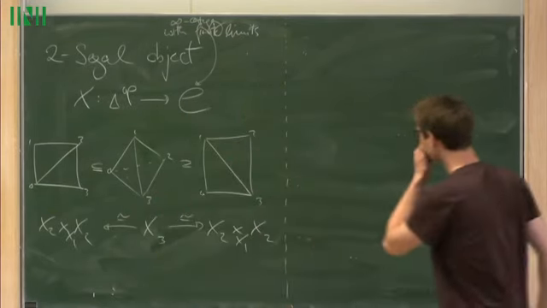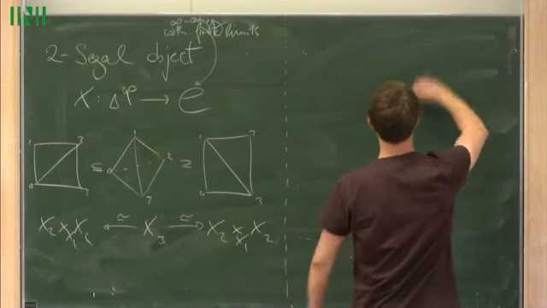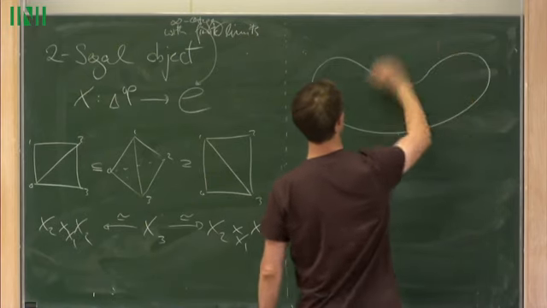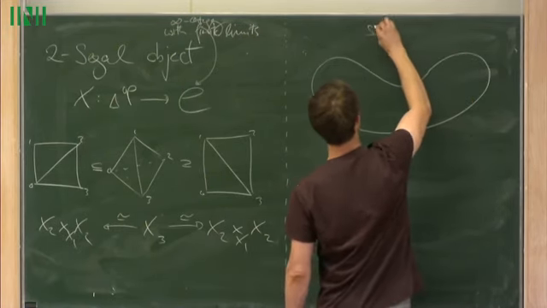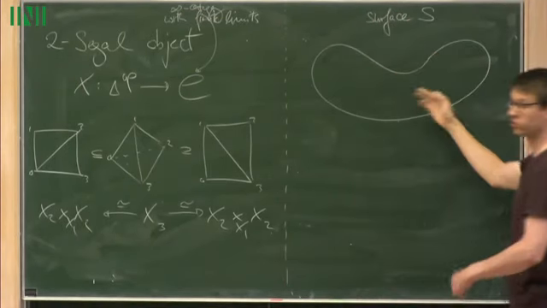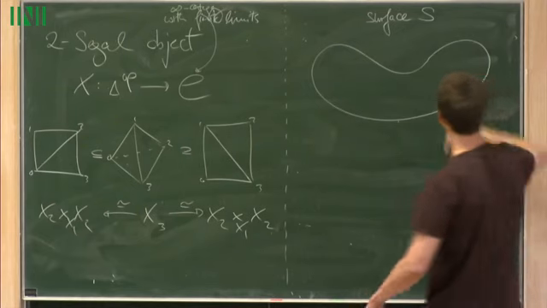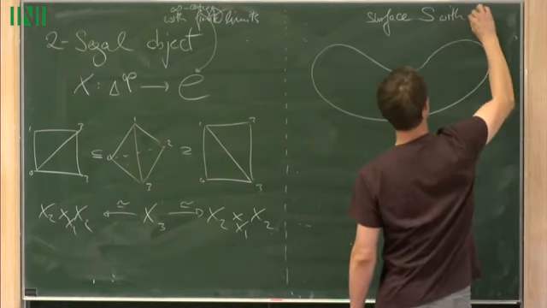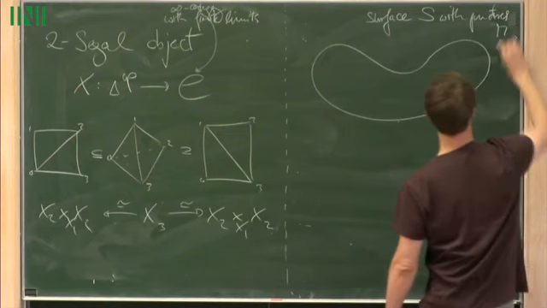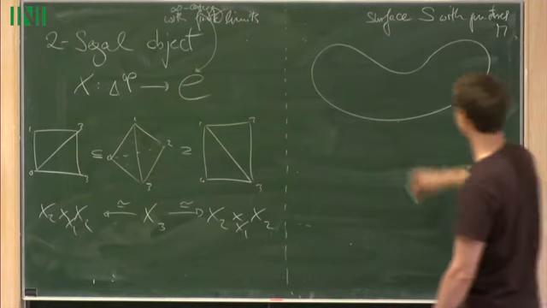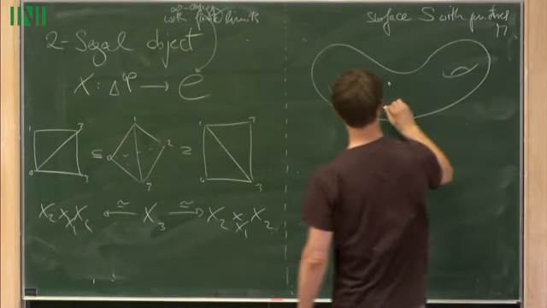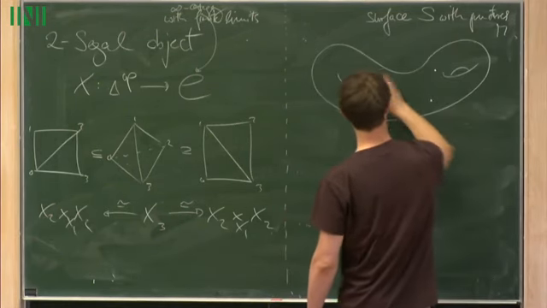So what I would like to do is start with some surface, say a compact surface, which looks like this: surface S. And then the surface is supposed to be punctured at a bunch of marked points, so with punctures, let's say a finite subset of punctures in the surface. Let's say the surface is of genus 2, and then there's a bunch of punctures which I draw as these vertices.